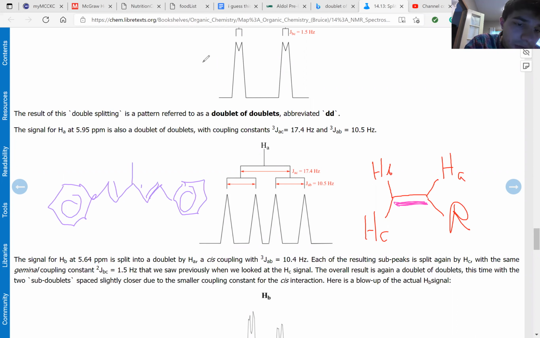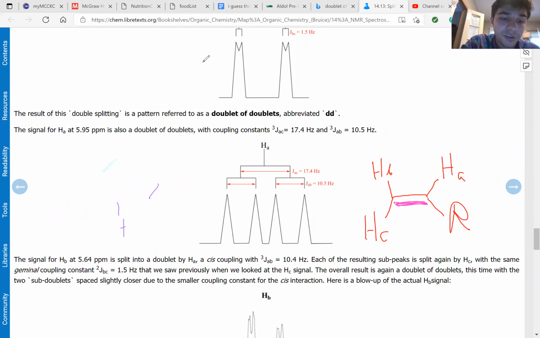In your case, you'll have them only cis or only trans, right? So since they're only cis or only trans, those are the only two options you'll have.